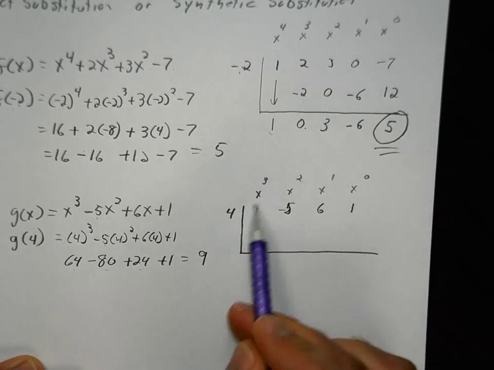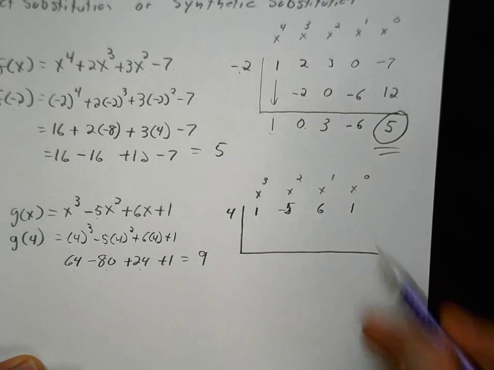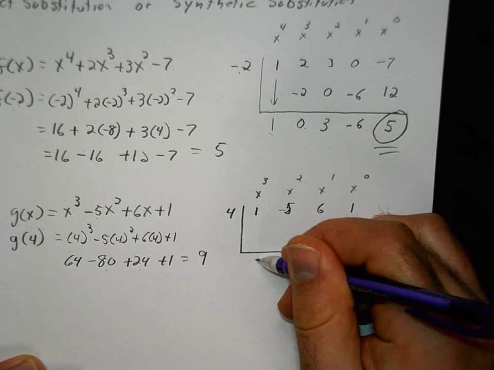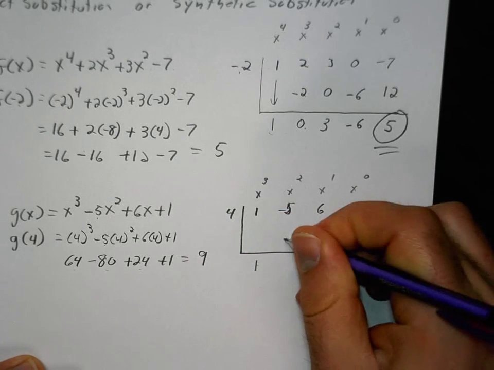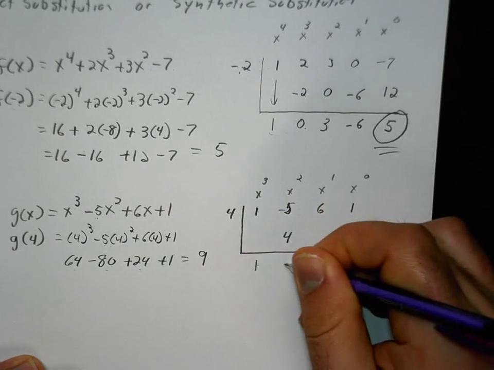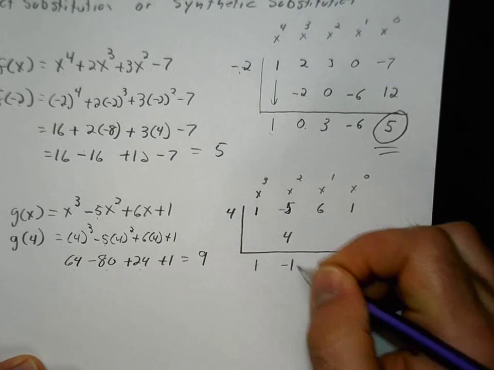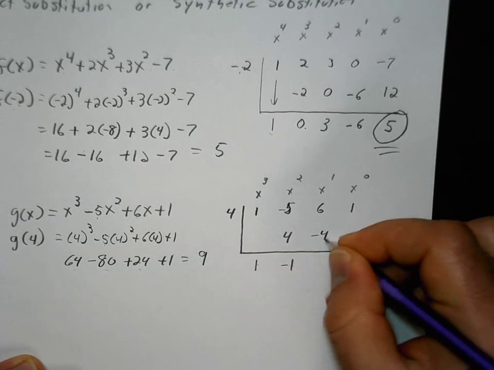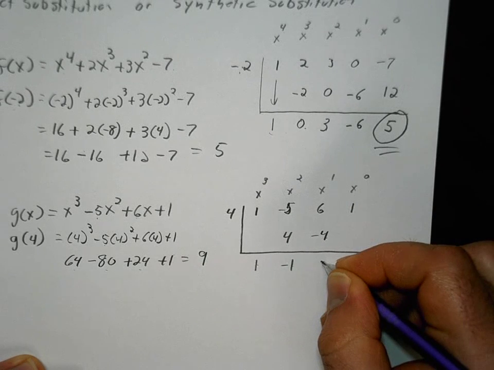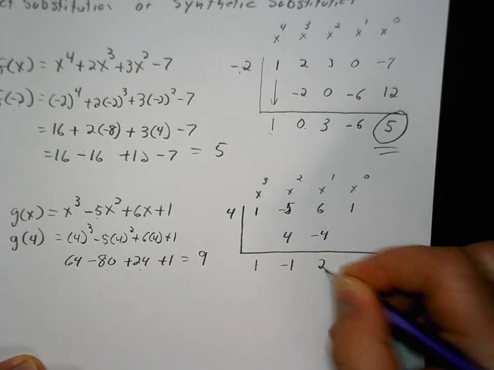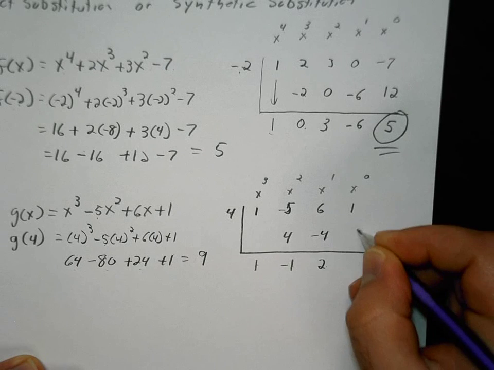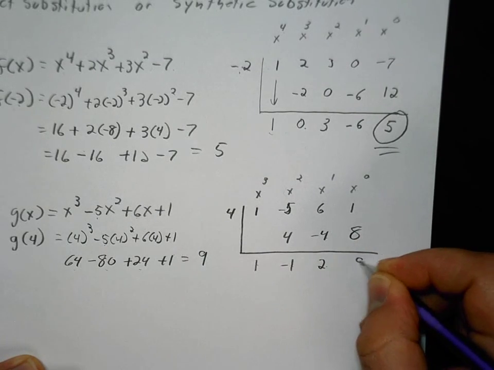Okay, so remember, if I'm missing any of those, you put a 0 in there. So drop the 1 down and we multiply. 4 times 1 is 4. Add those, I get negative 1. Multiply. Negative 4. Add those. 6 and negative 4 is 2. Multiply those, I get 8. Add those, I get 9.